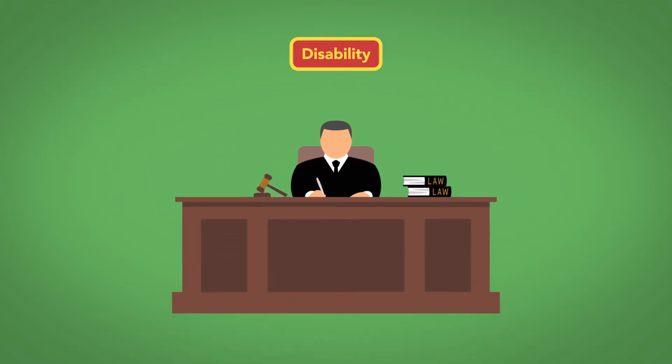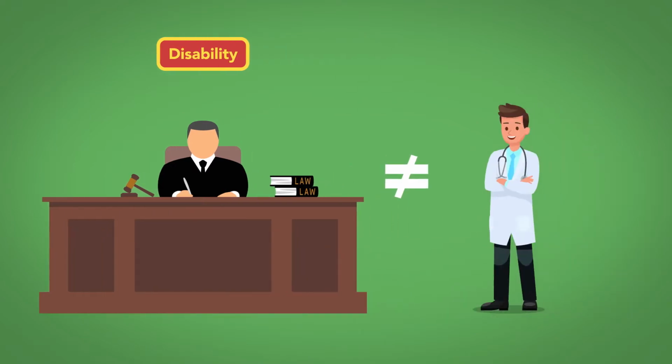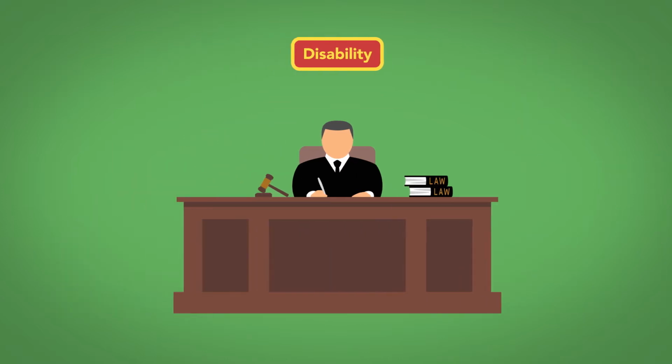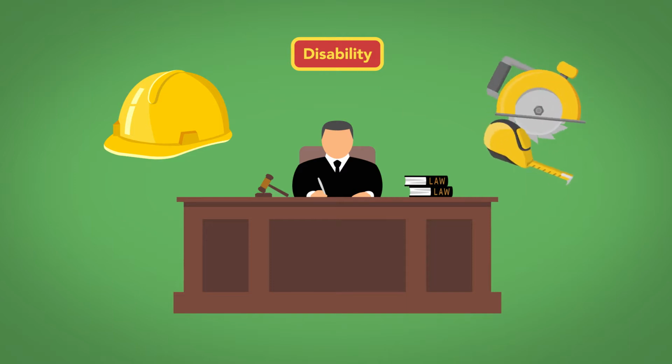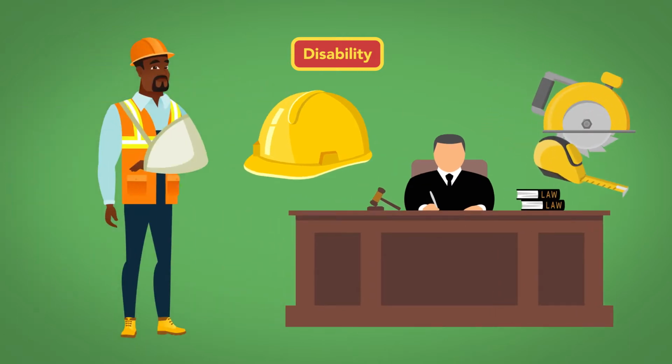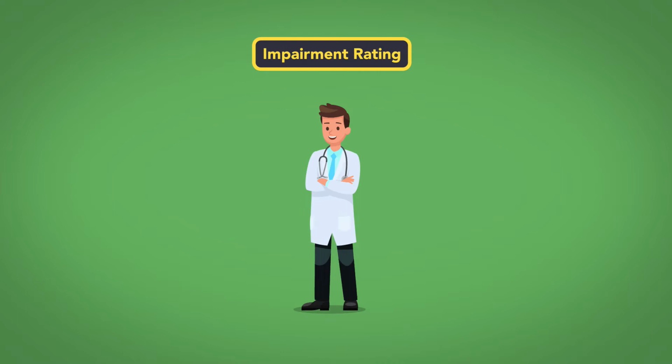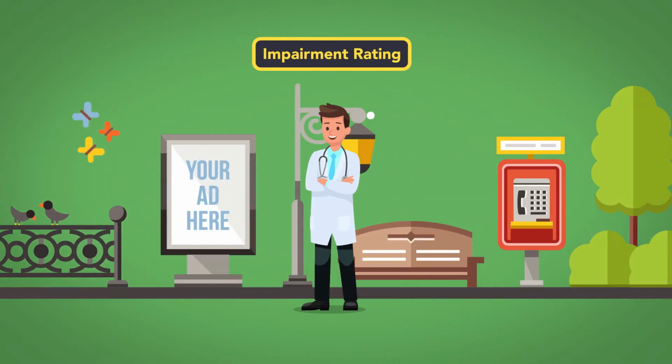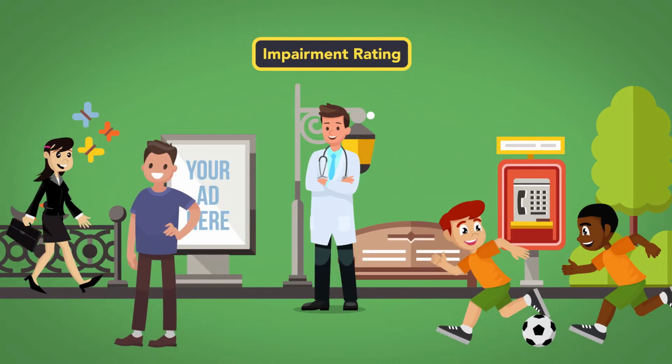It is important to distinguish the factors considered in assigning disability from those considered by the physician in assigning an impairment rating, specifically activities of daily living. Disability considerations such as a worker's specific work requirements and activities are specific to the individual, whereas impairment ratings and activities of daily living are generally the same for all people.